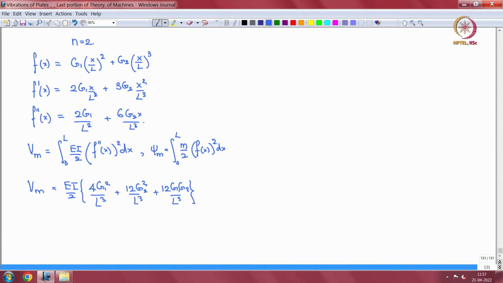Okay, my psi m looks like m by 2 into g1 square L by 5 plus g2 square L by 7 plus twice g1 g2 L by 6. Okay.